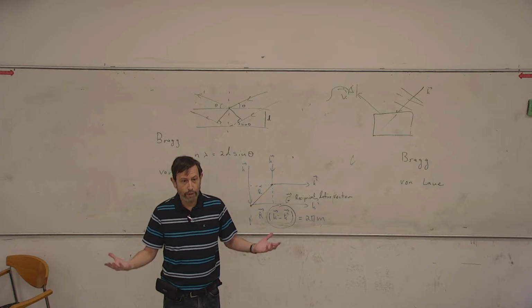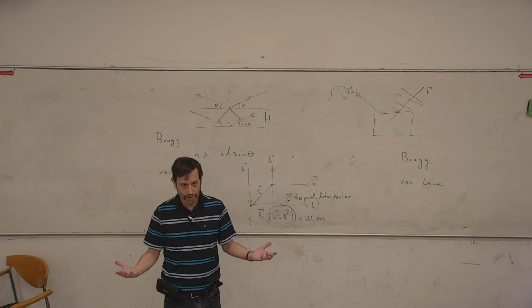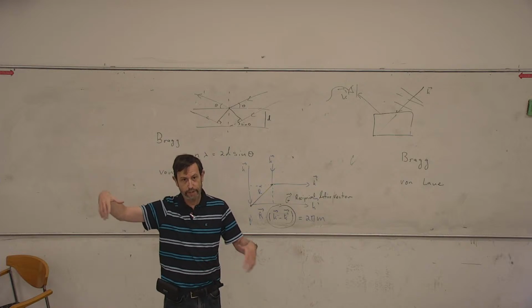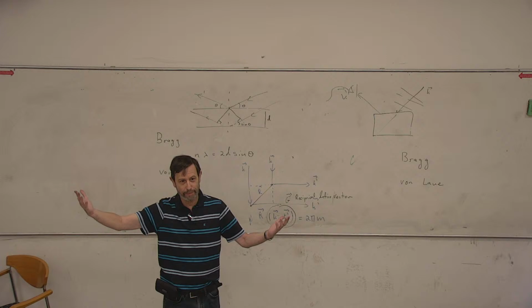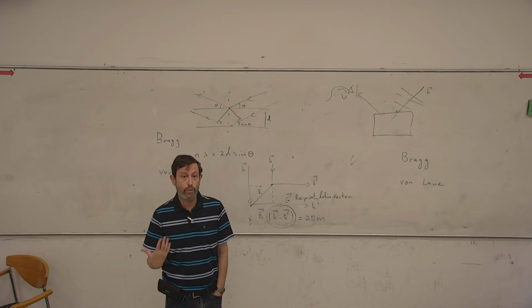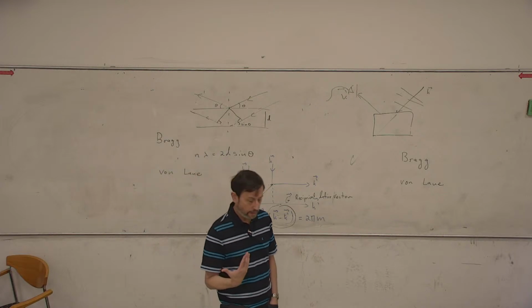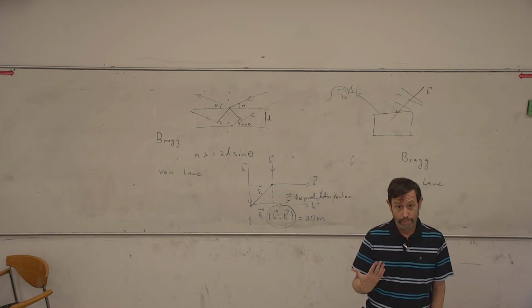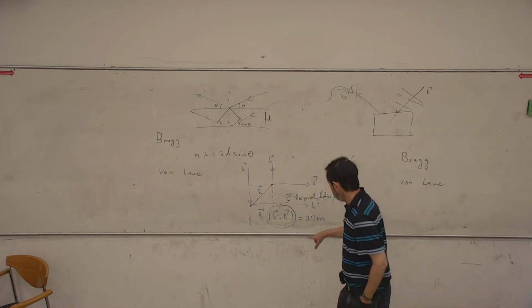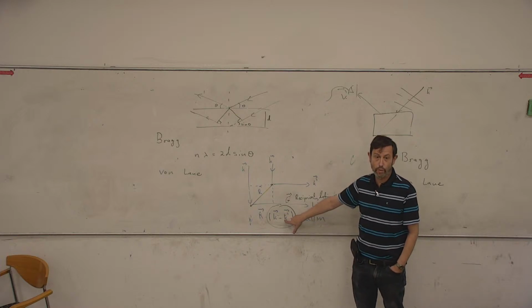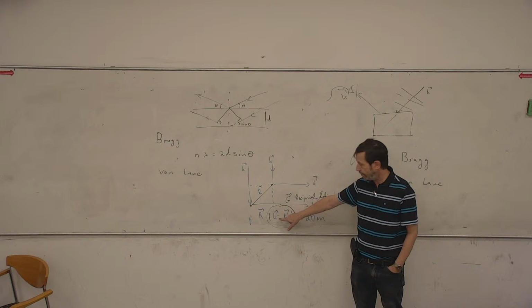Just because the reciprocal vectors are points that have a distance of 2 pi over lambda between them. Now you also understand why you have to have X-rays there. Because what is the scale of G?